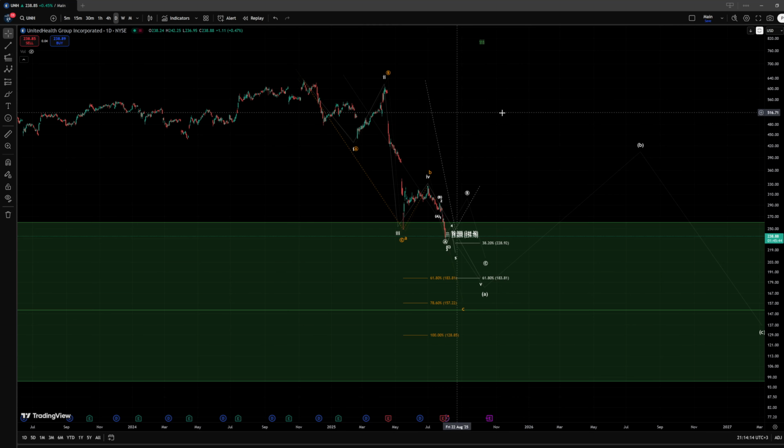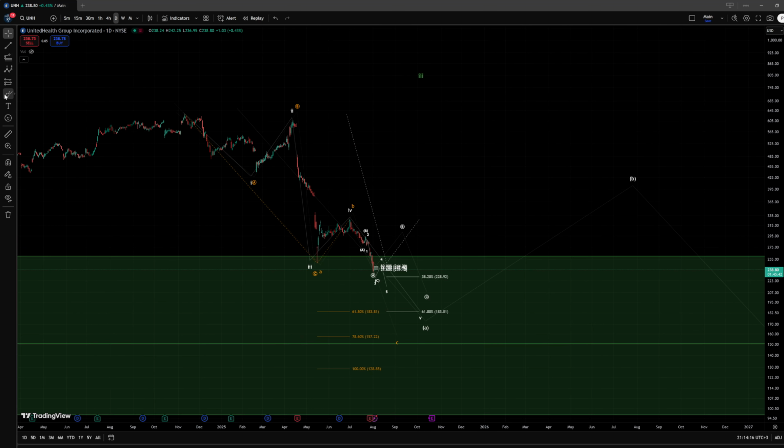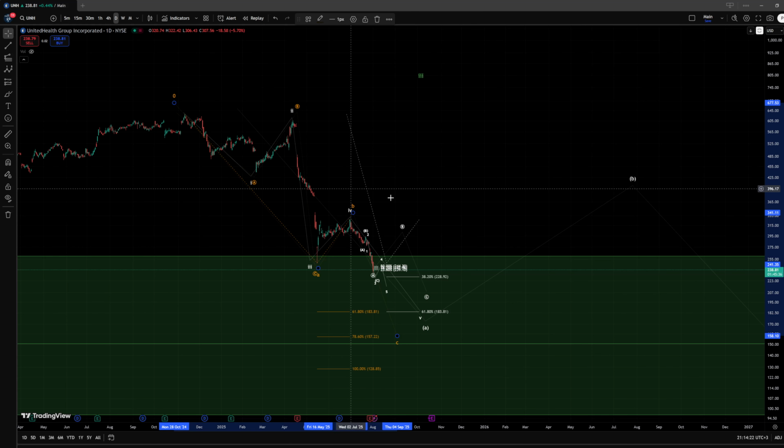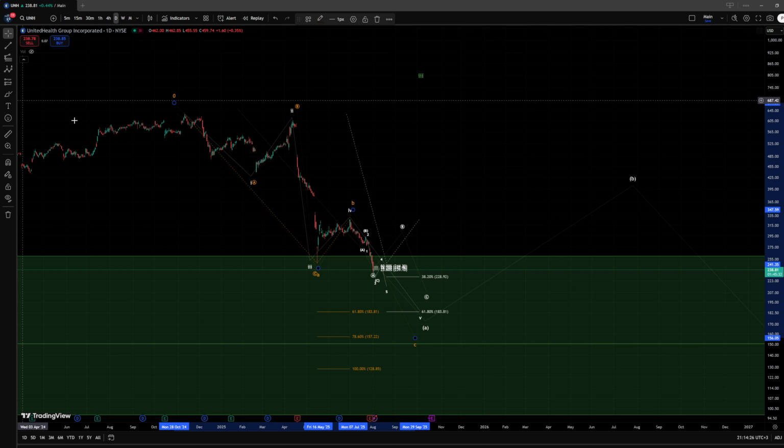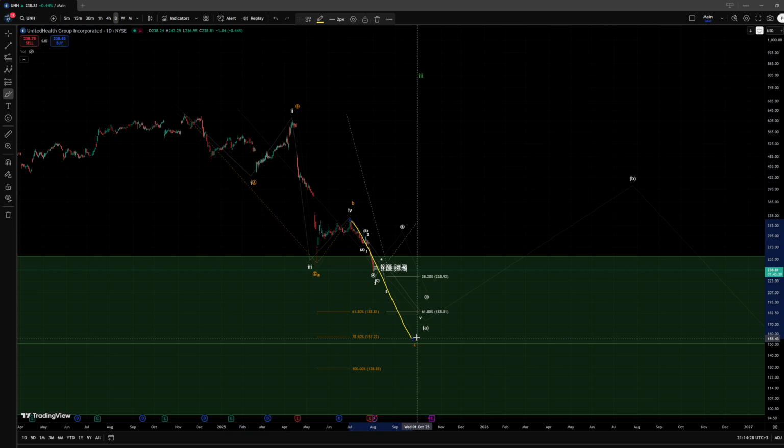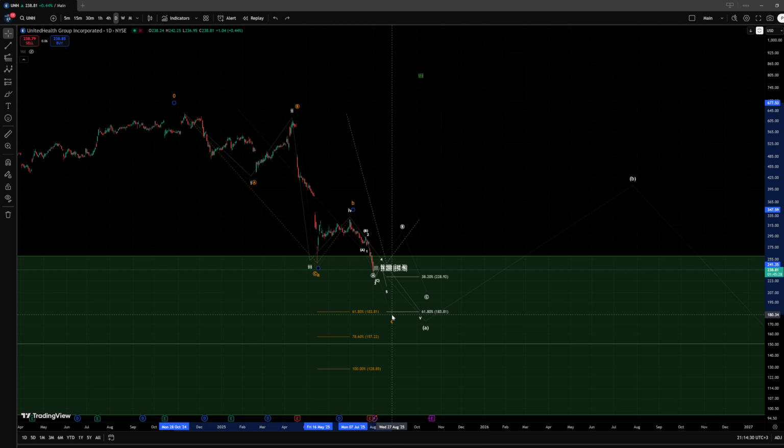Then we do also have the orange interpretation, in which we had an ABC to the downside here, completing a larger A wave and then a B wave up here, and now we would be in the C wave to the downside. That would have a first target at the $184 level, the next $157 level, and the ideal target for a C wave, $129 level, the 100% extension.